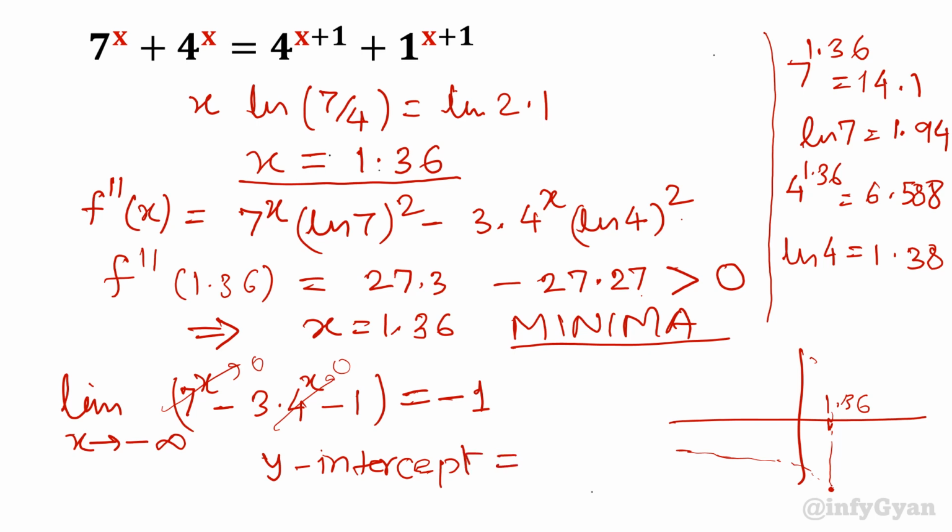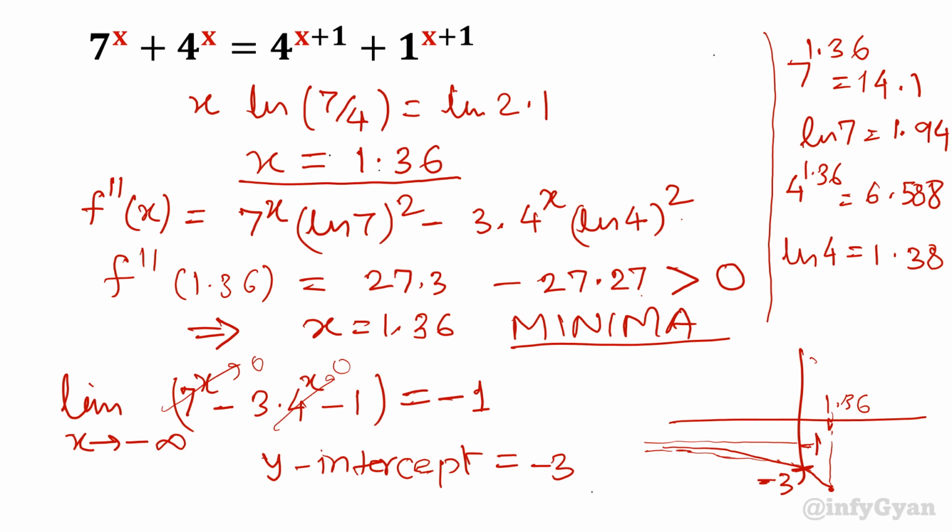For that purpose, I will put x equal to 0. Then that value is 1 minus 3 minus 1. So 1 and minus 1 will get cancelled out, minus 3. So that means our graph is intersecting the y-axis at negative 3. And see, this point is negative 1.